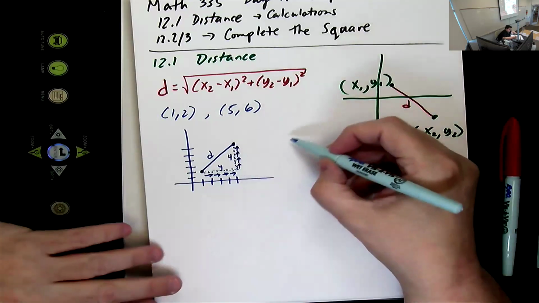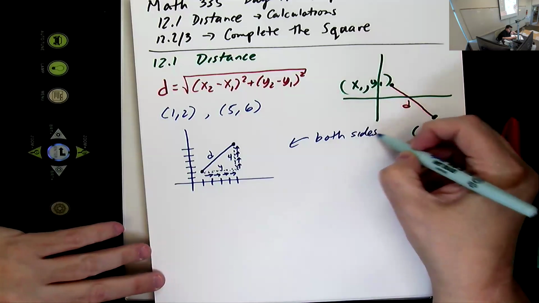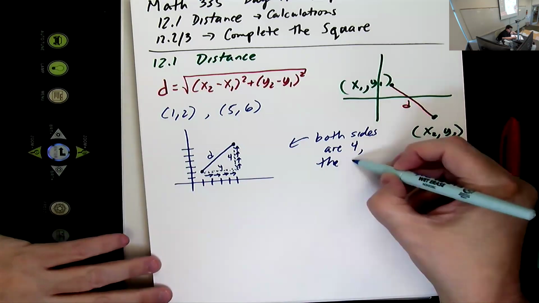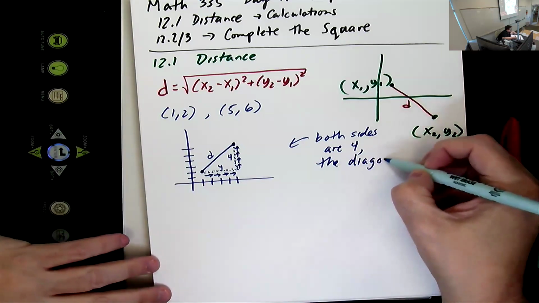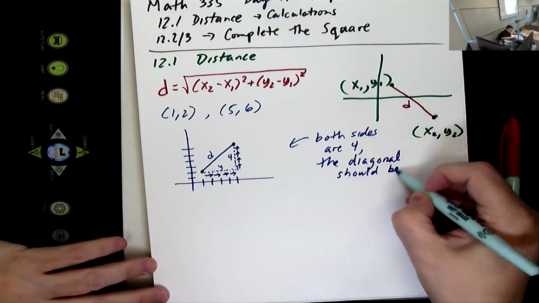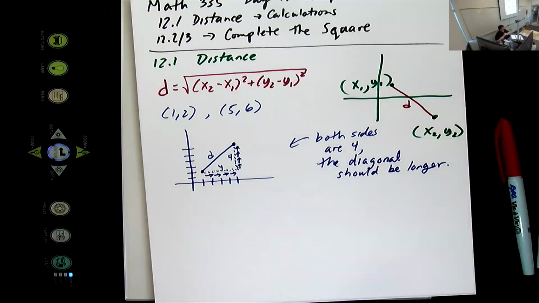So on the triangle, both sides are 4. The diagonal should be longer. That make sense? This is always a nice little simple check you can do.